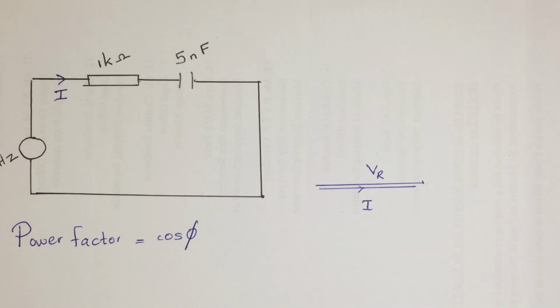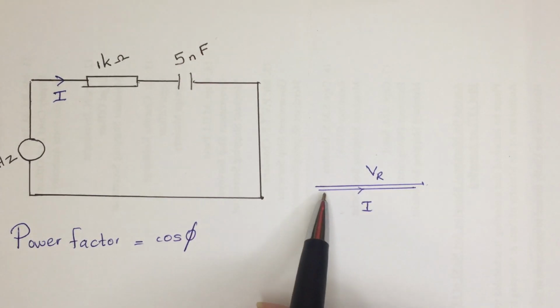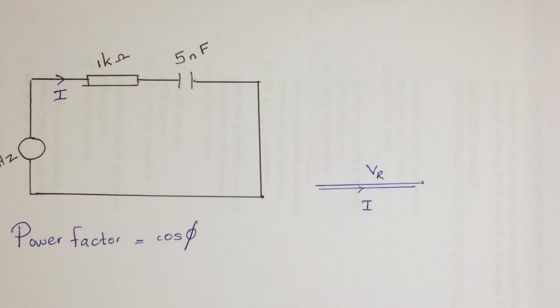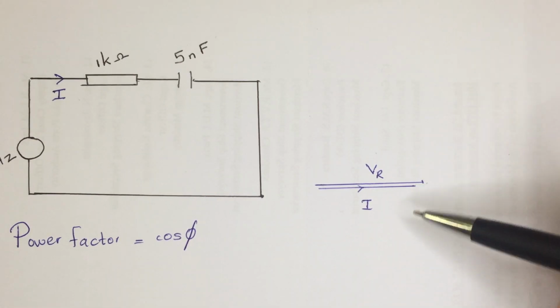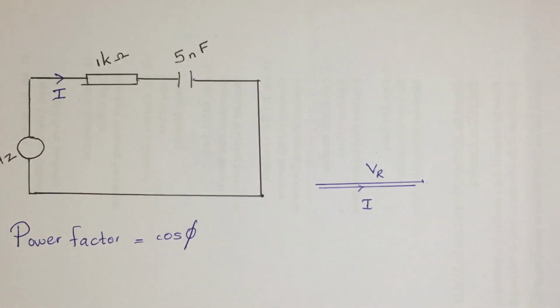When we are considering the capacitor, we knew that the capacitor's voltage is going to lag the current. The current is in the horizontal direction, and it's going to be the same for the capacitor too because of the series. Then we check whether the voltage of the capacitor is going to be in the upside direction or downside direction.